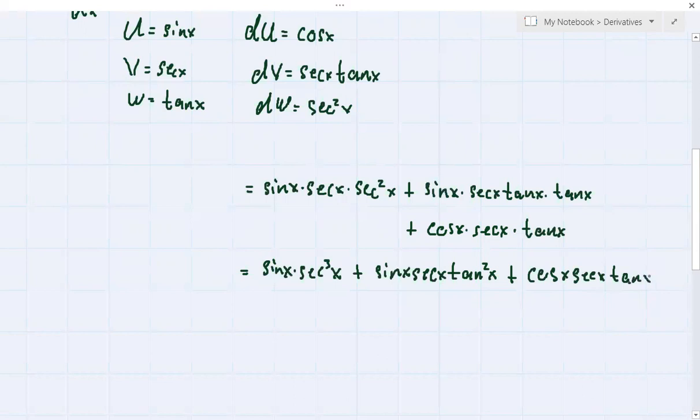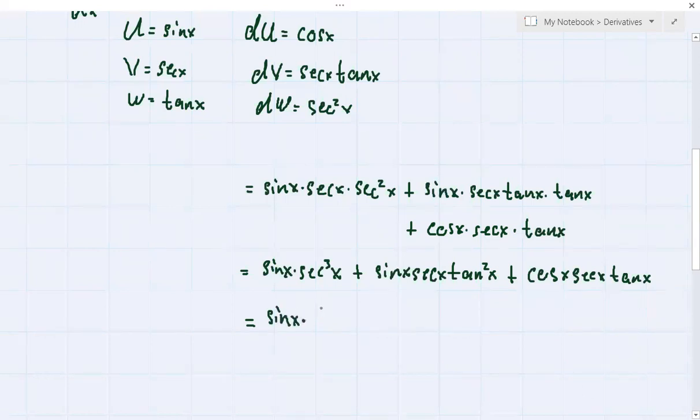Okay? Kapag magkadikit-dikit, now we can simplify. Ulitin ko na, si secant x is what? 1 all over cosine x, di ba? And remember na si tangent x is sine all over cosine x. So, let's substitute it.